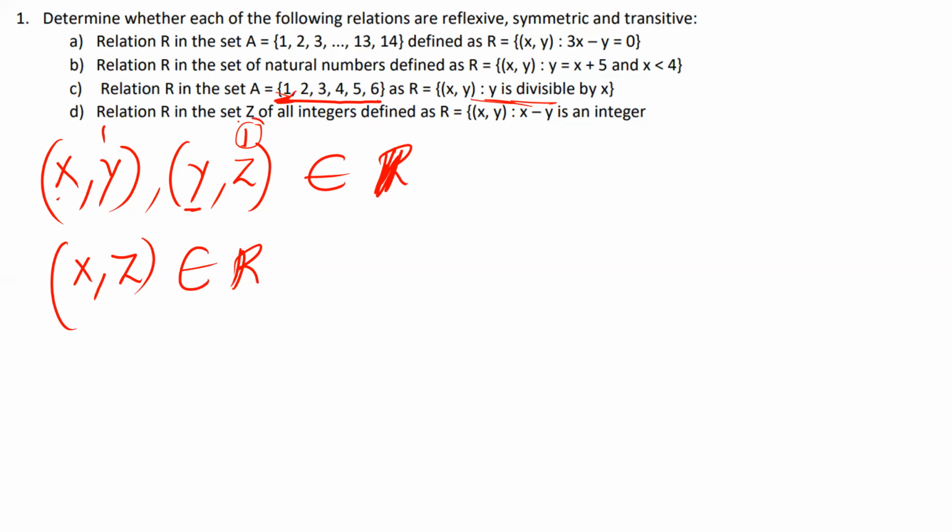So if I get this as the value of z, I can also get this same 1 that I had on this side and ask, is it divisible by the value of z there? If the answer is yes, then this also qualifies to be part of our solution set. And hence, we say this relation R is transitive.